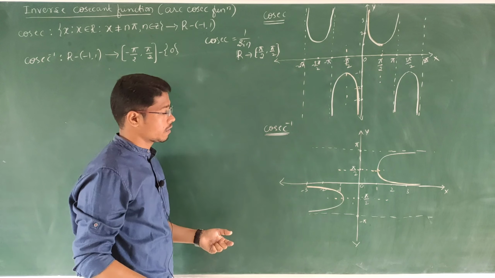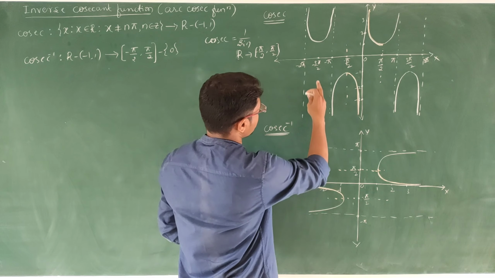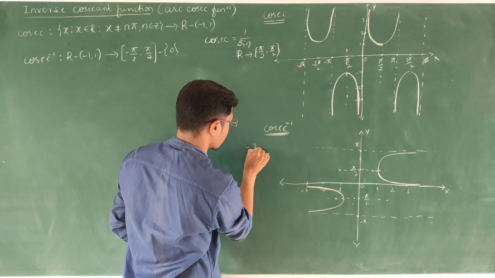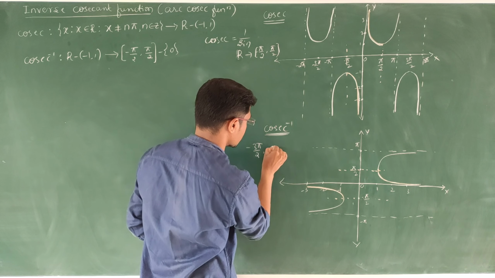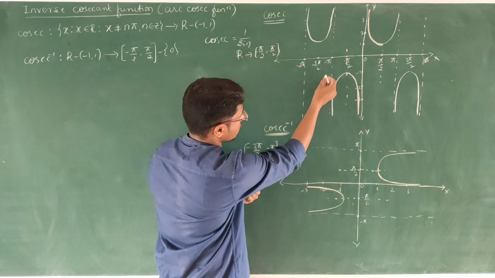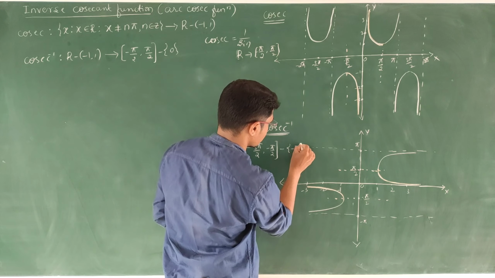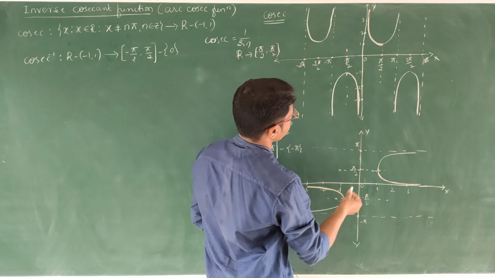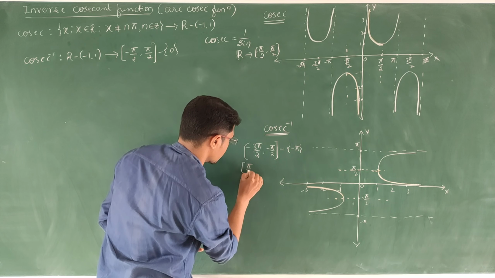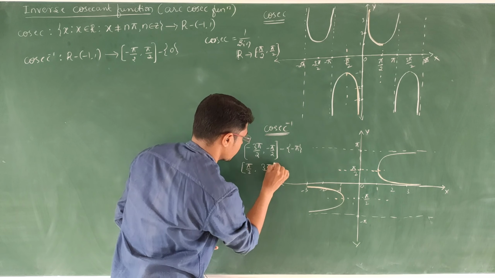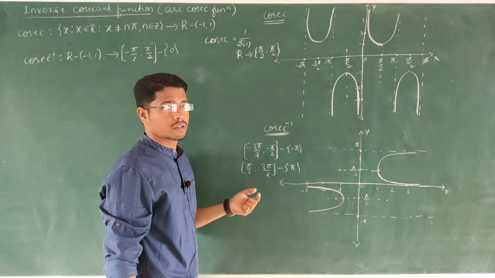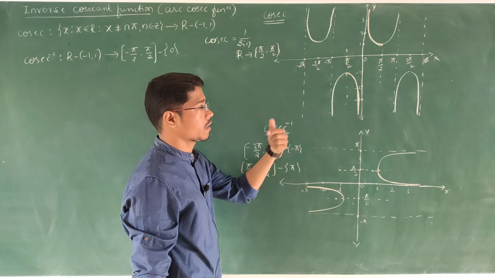Other than this, we can define other intervals, that is minus 3 pi by 2 to minus pi by 2 except minus pi, or else pi by 2 to 3 pi by 2 except pi. So these are the possible regions where cosec becomes invertible. Other than this, we can define many more.